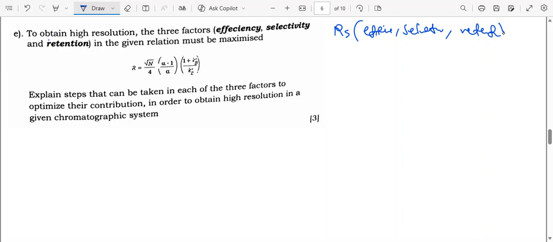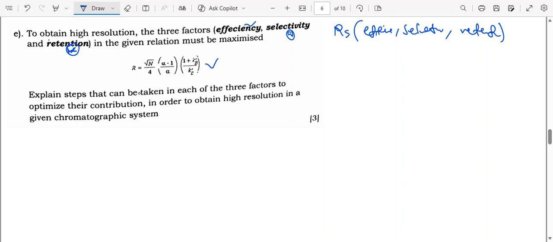So the factors affecting resolution are the column efficiency, the selectivity, which is the alpha factor, and the retention, I mean the equilibrium. The formula is even given there.